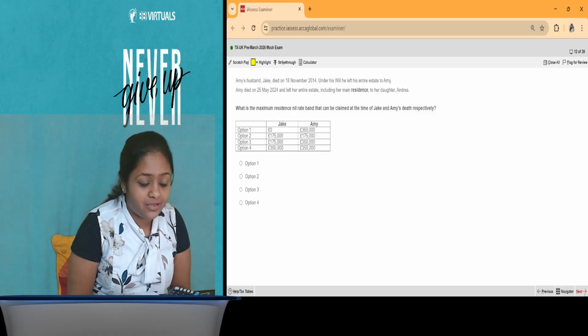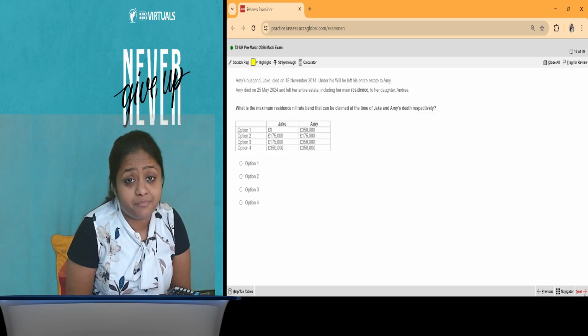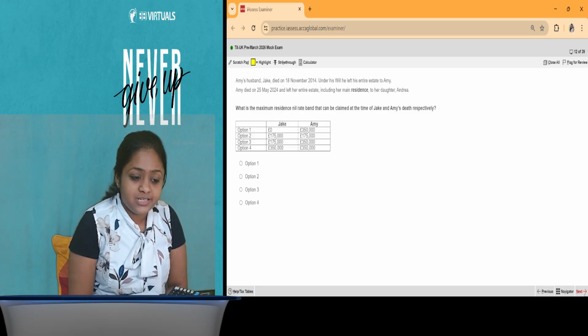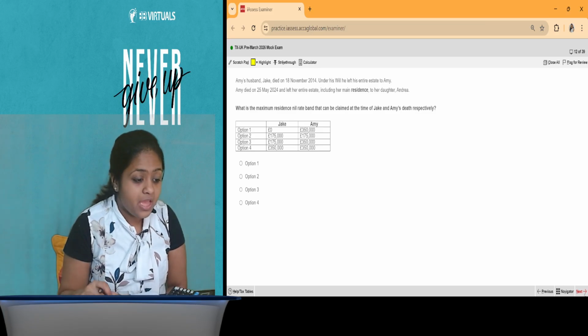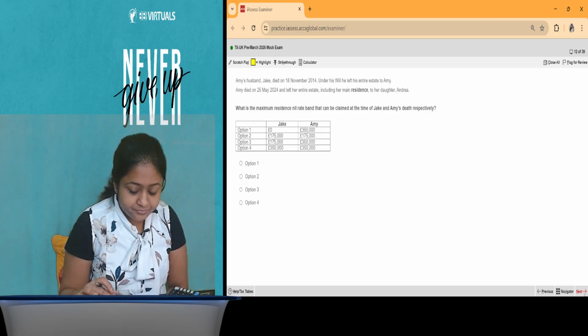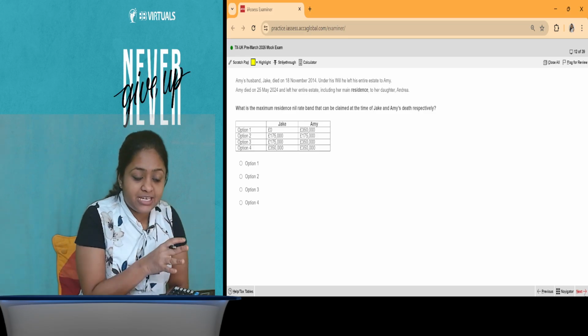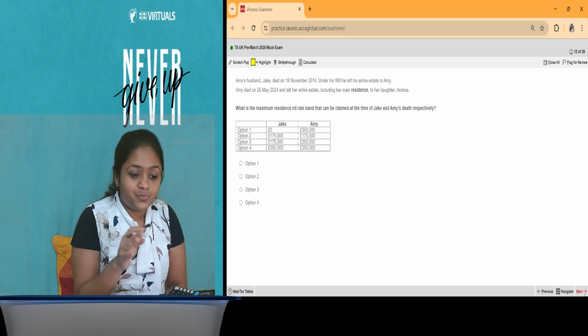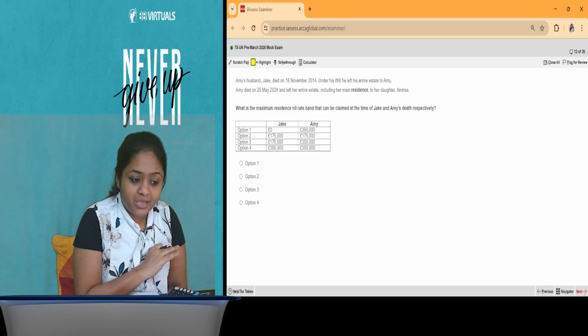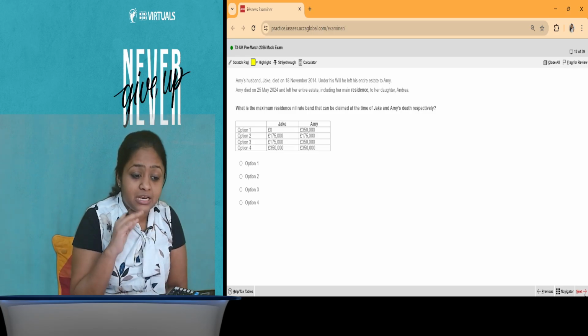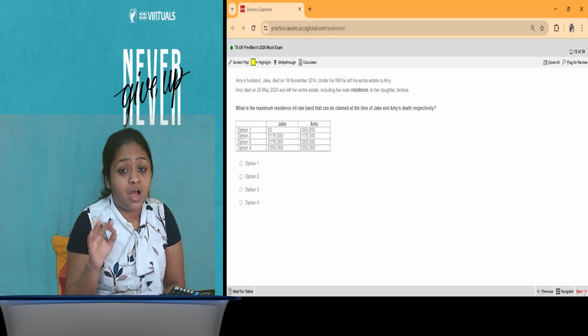Jake, Emmy's husband, died on 18th November 2014. Under his will, he left his entire estate to Emmy. Emmy died on 25th May 24 and left her entire estate, including a main residence, to her daughter Andrea.